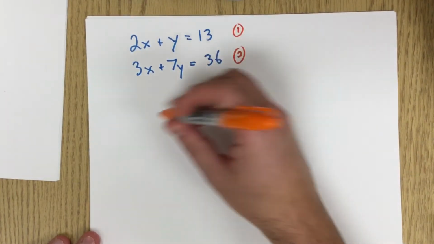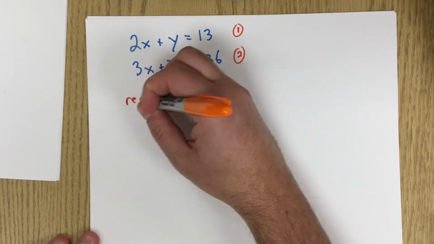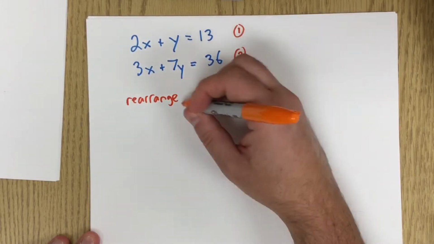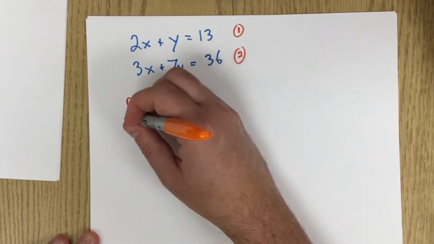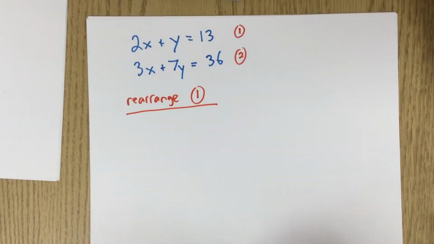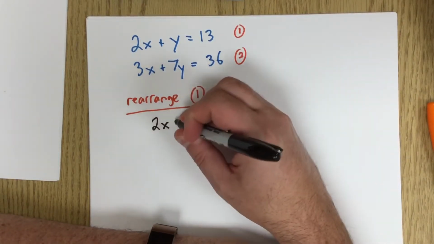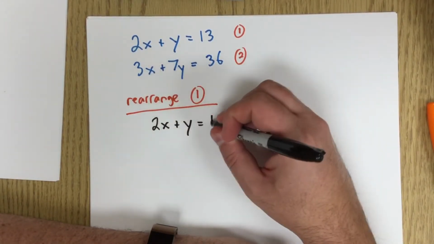So what we're going to do is write some subtitles. Our first step is going to be to rearrange, and we're going to rearrange equation 1. So equation 1 was 2x plus y equals 13.